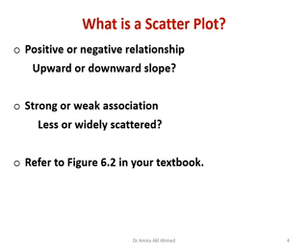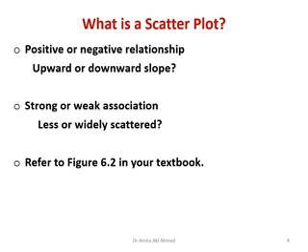A scatter plot includes a cluster of dots that represents all pairs of data points. Intuitively, if dots of a scatter plot display a general upward slope, then the two variables are positively correlated. On the other hand, if these dots display a general downward slope, then the two variables are negatively linked.